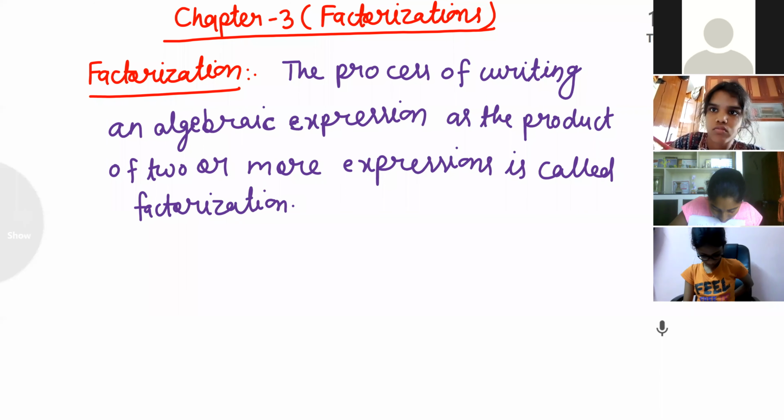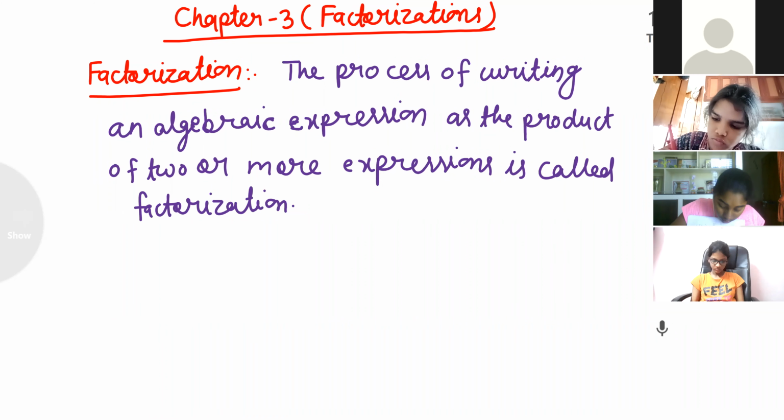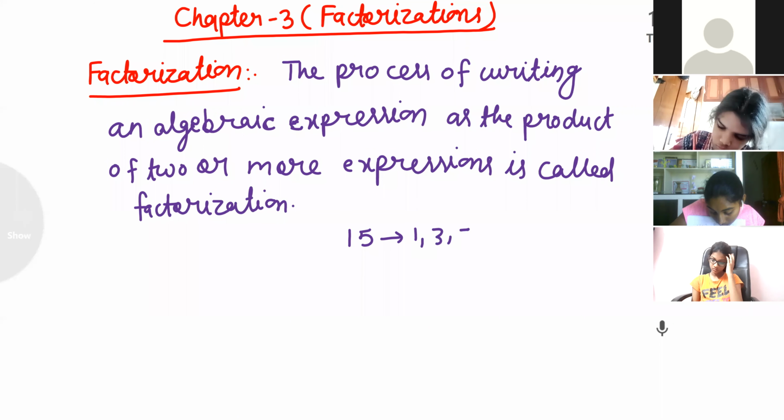Here we are going to learn algebraic factorization. Already the factor concept I have explained to you in unit 3. Suppose I want to find out factors of 15. It means I want to check 15 will come in which table. 15 will come in 1 table, 3 table, 5 table, 15 table. This is called factor.